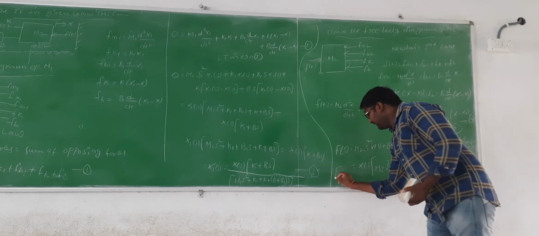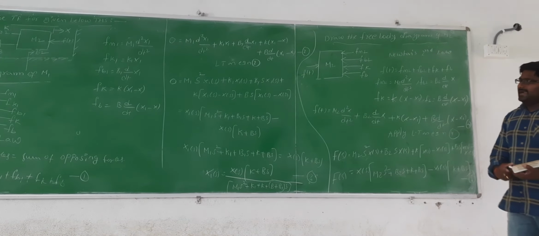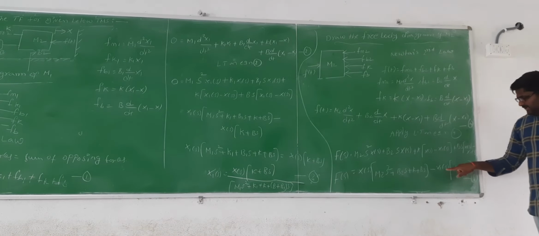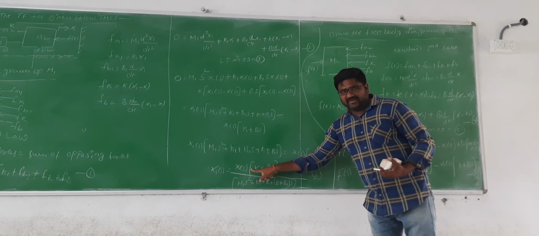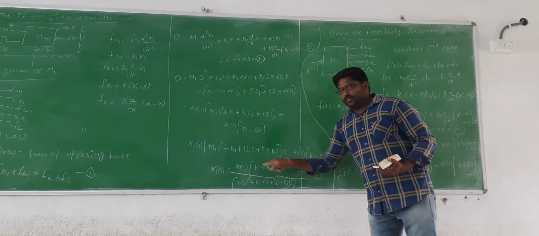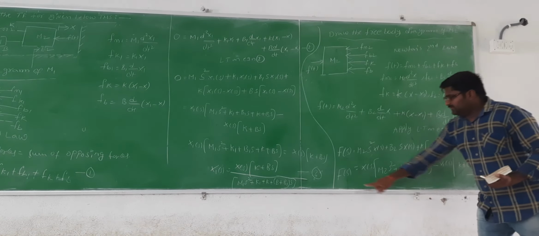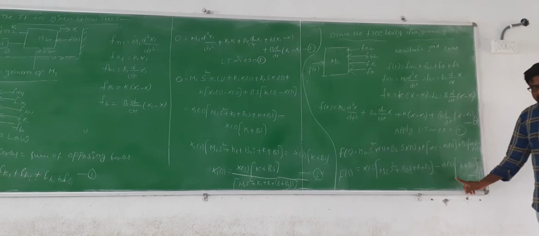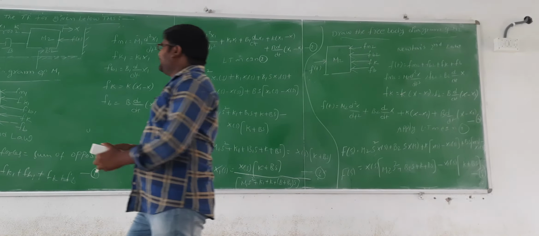The applied force F(s) is the input and the output is X(s). In this fifth equation, X1(s) is in terms of X(s) from the output equation. So equation 3 is substituted into equation number 5, and after that we determine the exact transfer function.